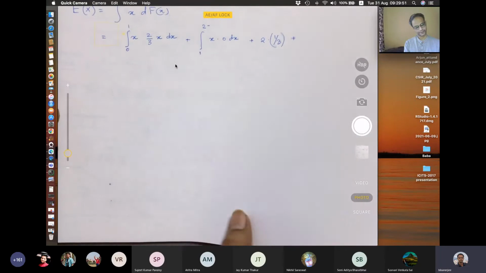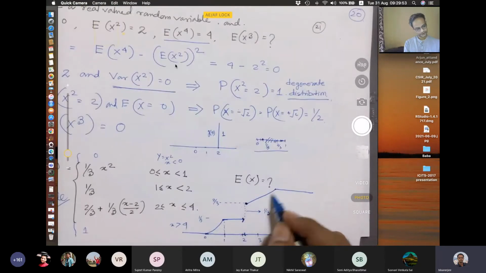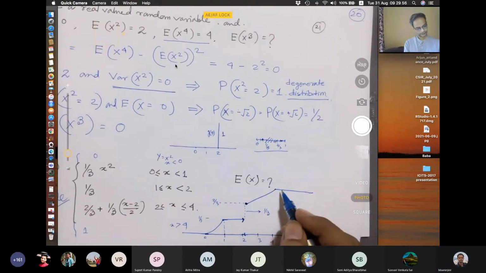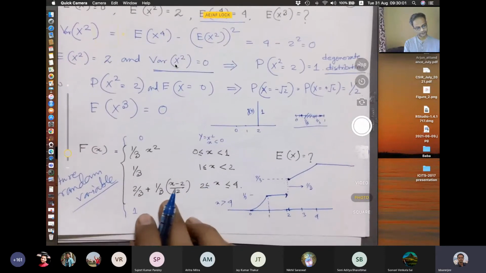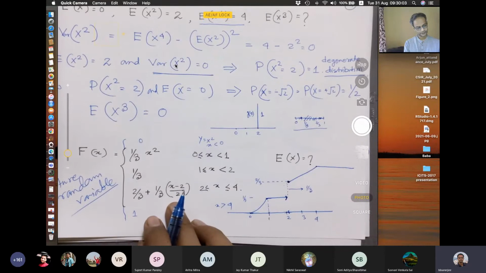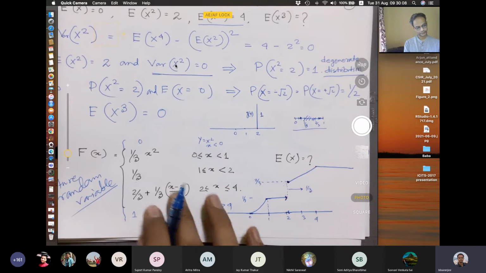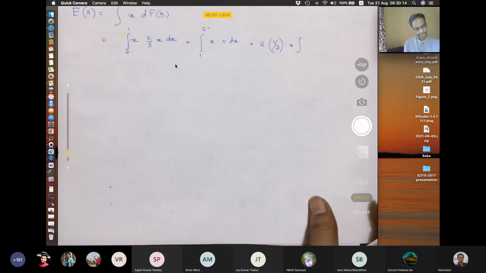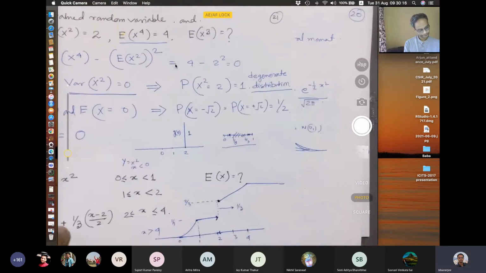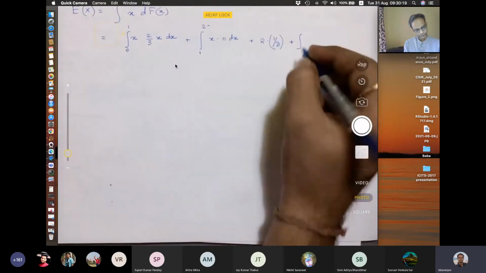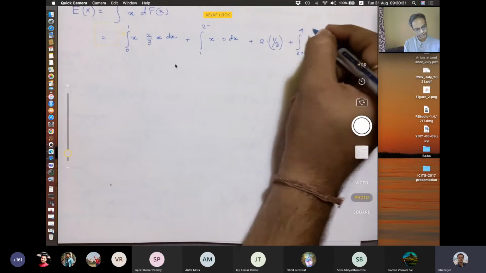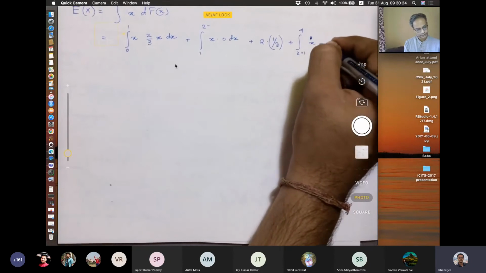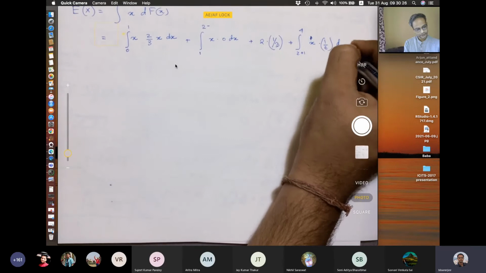Plus for this part, the slope will be contributing: integration from 2 to 4 of x times 1/6 dx.